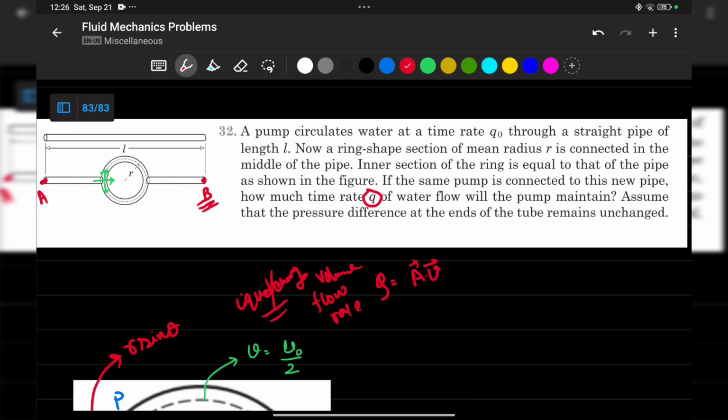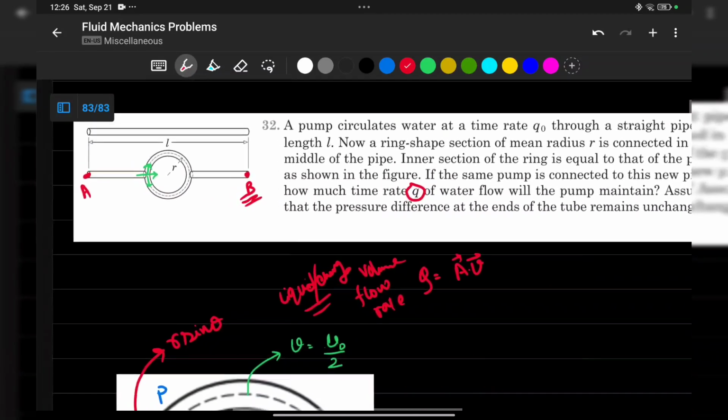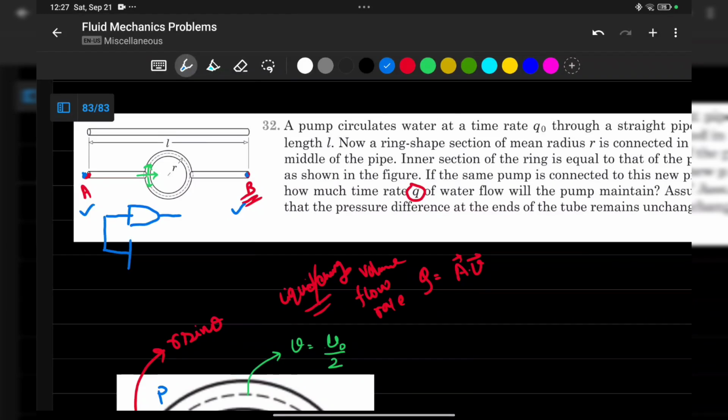In this question the pressure difference between the two ends is maintained. I will connect this question to something analogous in current electricity. Suppose this is a circuit, and there is a voltage difference at first.